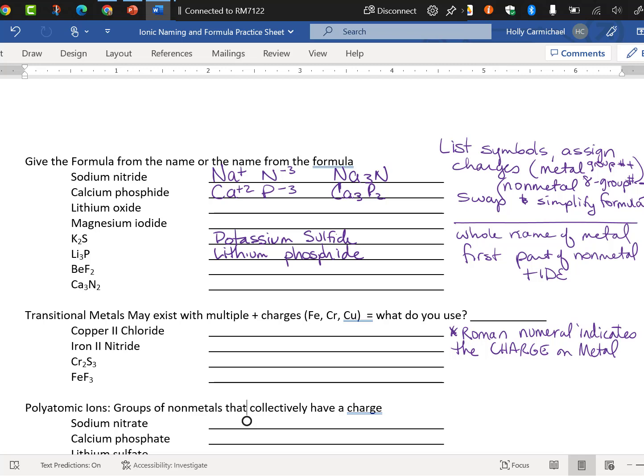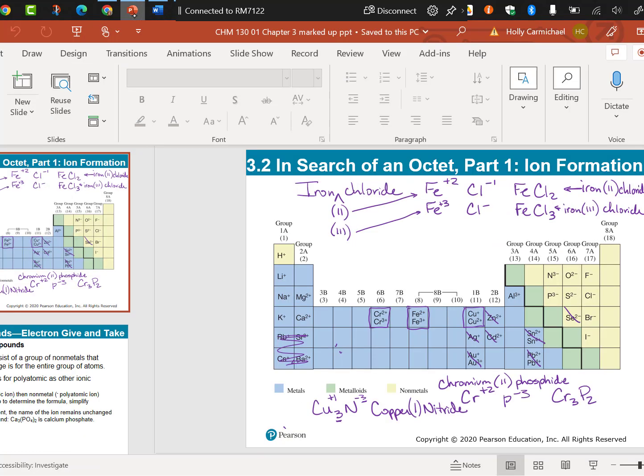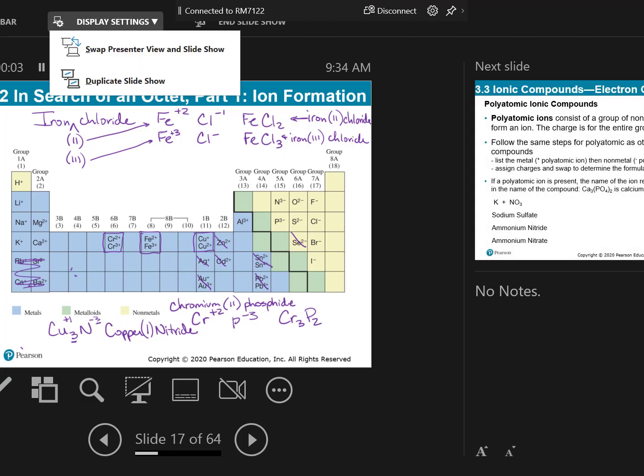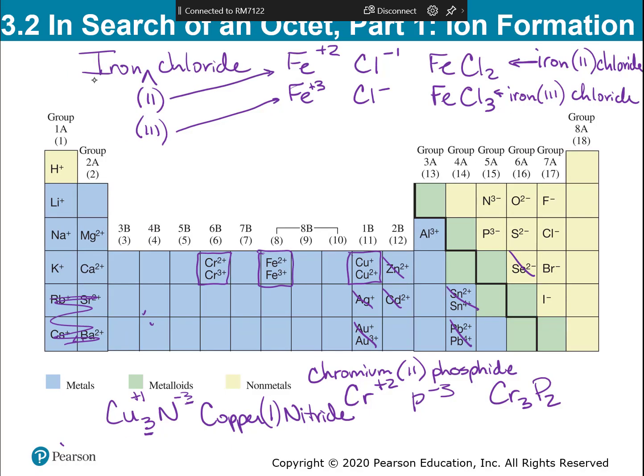So where we stopped last time, we were going into the 2 kind of oddball groups, and the first one I started talking about is what are called transition metals. Transition metals are the ones that you find here.